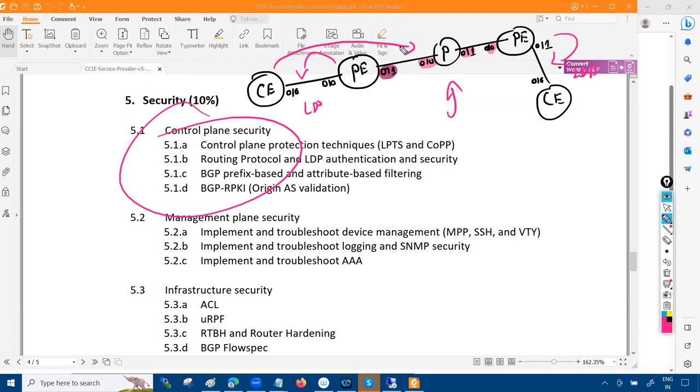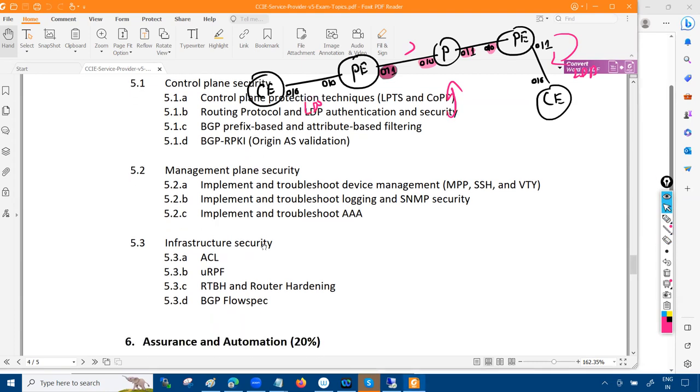That's why it's not recommended to run LDP on the customer facing interface. There is a mini security topic that we are going to learn through this training. These are the basic parts. The control plane security we will discuss in the security part.